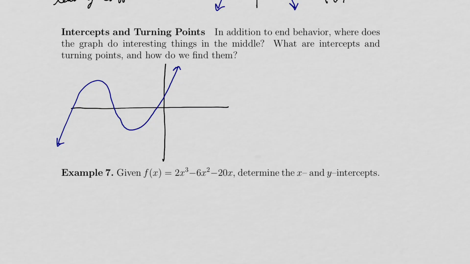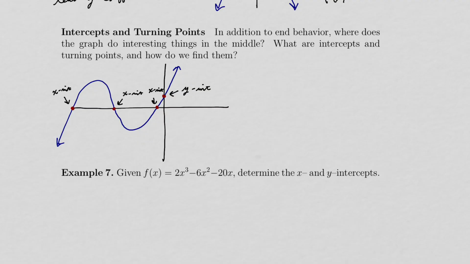Okay, so there are a few points of interest here. One of them is the y-intercept, and that's something we can easily find. There may be x-intercepts, which we can find. In this picture here, there are 3 of them. And then there may be local maximums and local minimums.